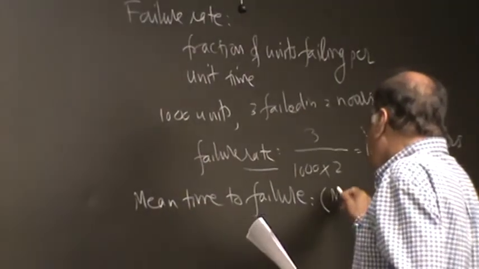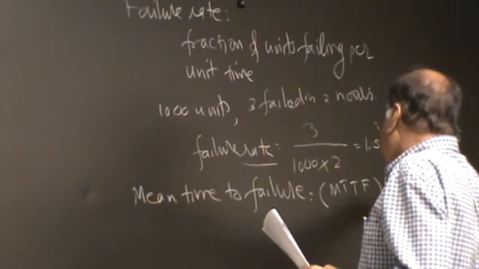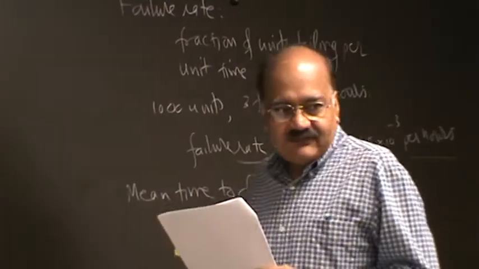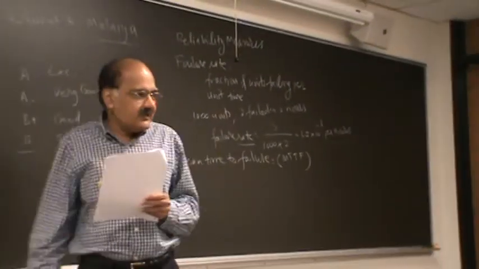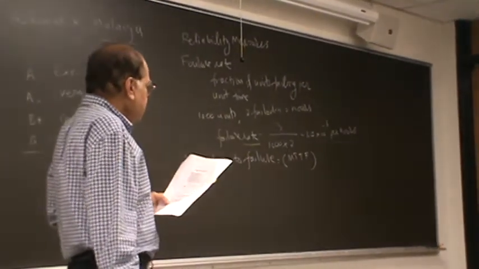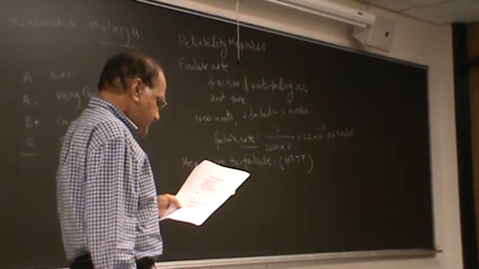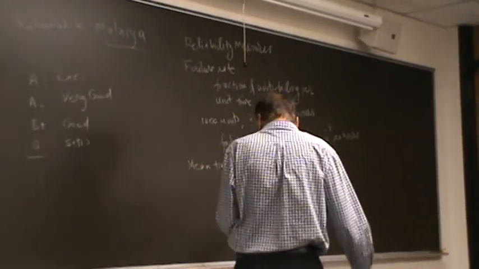Now there's another one, mean time to failure, which is actually more popular. It is popular enough that a lot of people will recognize the abbreviation MTTF. It is the expected time before a unit fails.